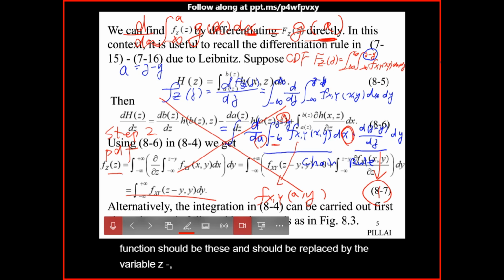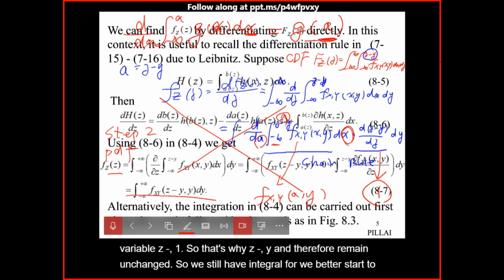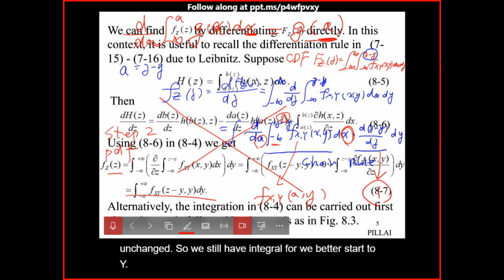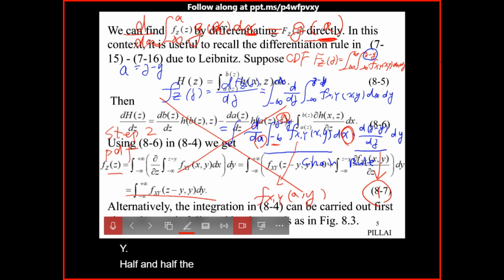So that's why z minus y here. And for the remaining, unchanged. So we still have the integral with respect to y. Well, up to now, still the same. CDF first, and then perform differentiation, we can have PDF.